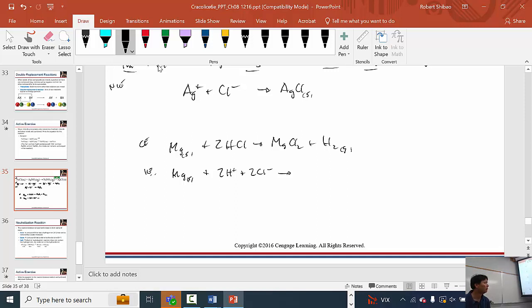Magnesium chloride. Chlorides, bromides, and iodides are all soluble except for silver, lead, and mercury. So that's not one of the exceptions. So magnesium chloride is soluble. It's a soluble salt, so we're going to break it up into what? Magnesium with a charge of 2 plus and 2 chloride. Okay, do I write chloride 2 like this?